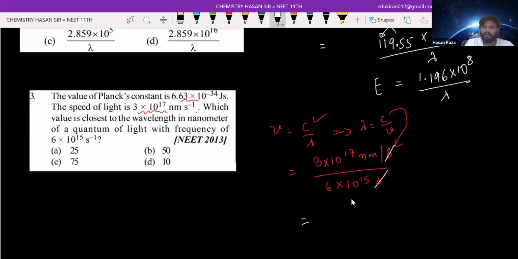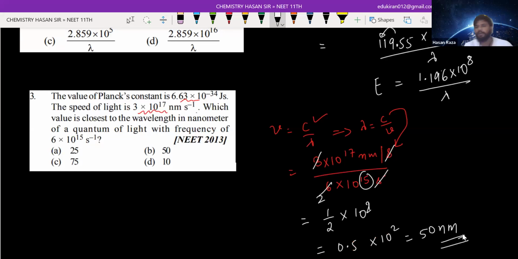So 3 by 6 is 1 by 2, into 10 raised to the power 17 minus 15, that is 2. So when you solve it, it will be 0.5 into 100. So the answer will be 50 nanometer. Very simple, isn't it? The value h was given to distract you. Is that clear?